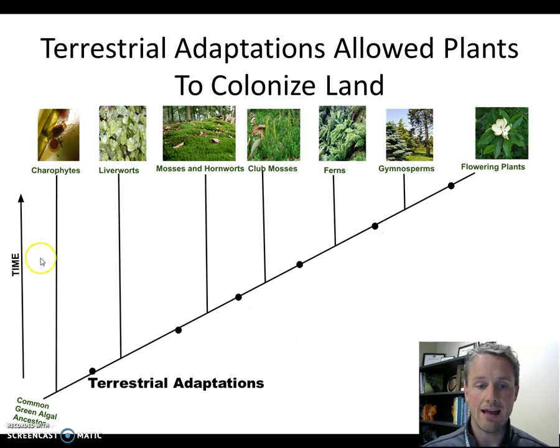So it's thought that in the evolutionary past, the common ancestor of today's land plants and those charophytes went through a speciation event, and the land plant branch of the tree evolved these terrestrial adaptations, which allowed these plants to survive on land, right? So we got this branch of plants. Again, we're going to think about the 5 adaptations that count as these terrestrial adaptations and what each one of them does for the plants. So let's go ahead and get started.